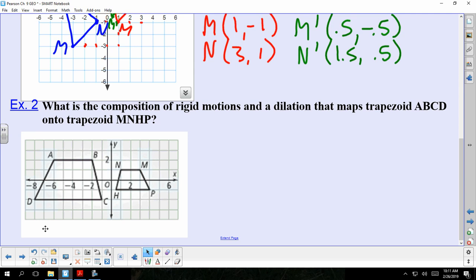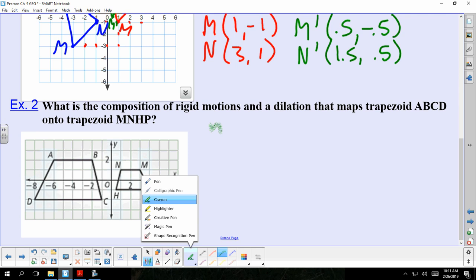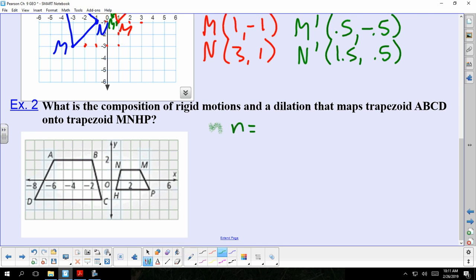Remember the scale factor N is the length of the image over the length of the pre-image.